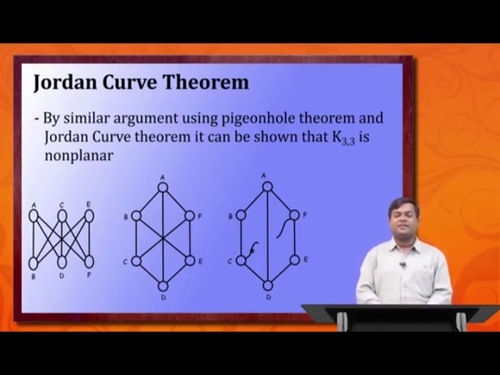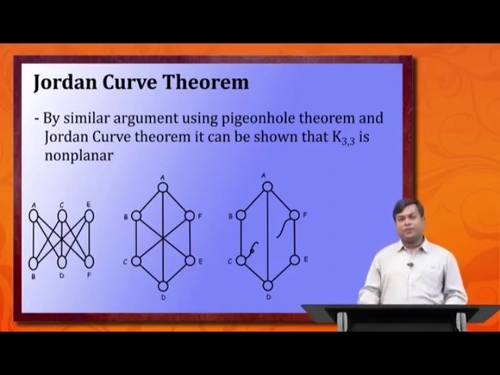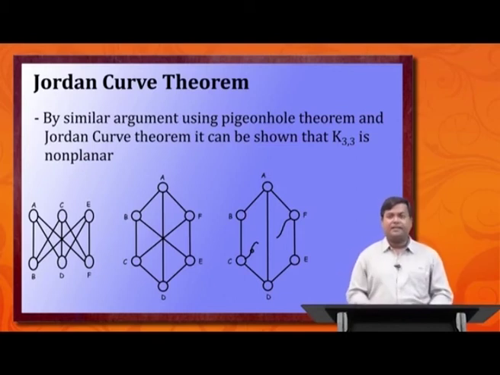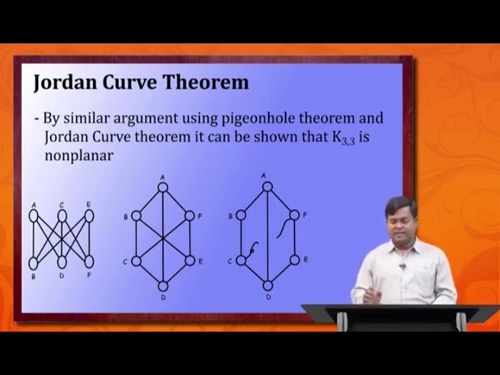It has 6 vertices and every vertex has degree 3. So we can show that also. I have left that as an exercise to the viewers. So now we have already proved that K5 and K33 both are non-planar graphs using a topological argument.